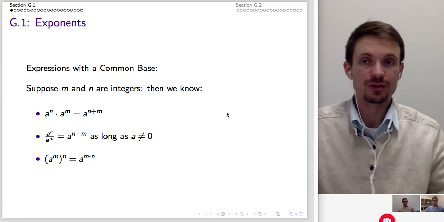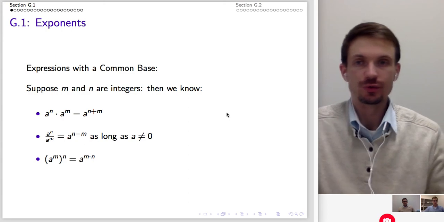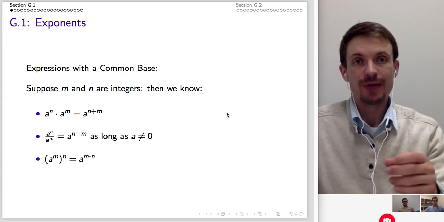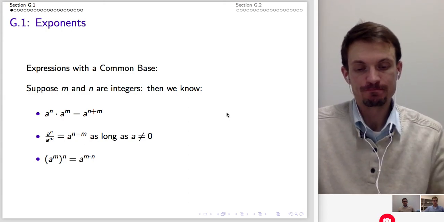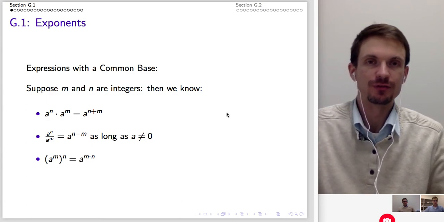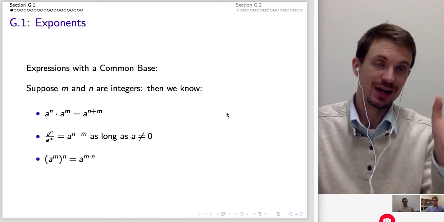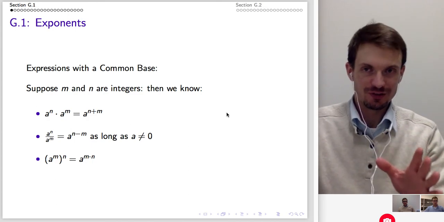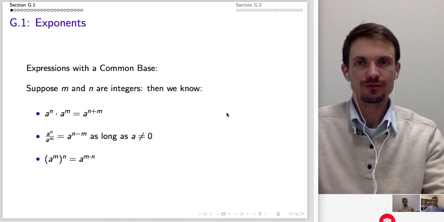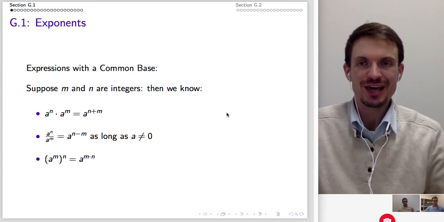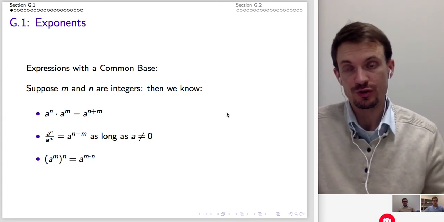You can deal with this quotient rule as a product of terms where you have the same base, but one of them has a negative exponent. Well, that doesn't make any sense now. We're just staring at this, but when we get to that in the future, remember, you can come back and you can recast those rules in terms of what we do in the future.